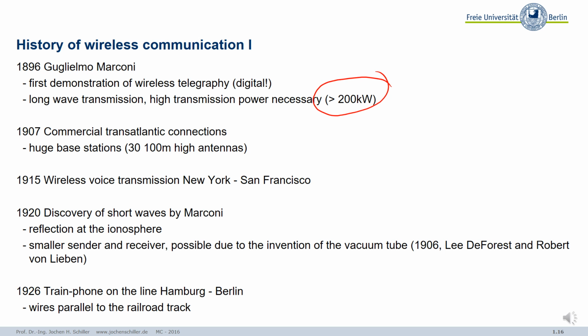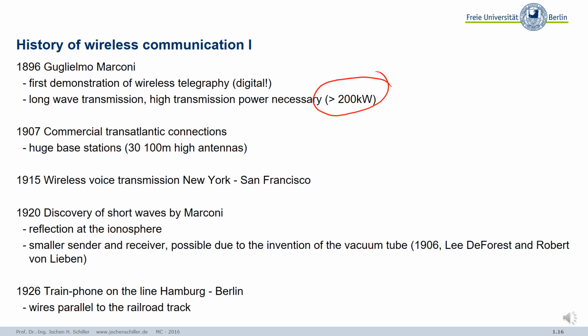We had already more than 100 years ago commercial transatlantic connections with huge antennas, voice transmission 100 years ago. More or less exactly 100 years ago, first wireless voice transmission between New York and San Francisco. Before that, we had the cables and the telegraphs and Morse codes, etc. But this was not really practical because of these huge antennas we needed, due to the fact we could only generate long waves, low frequencies.